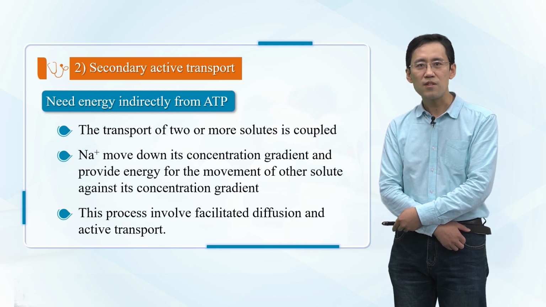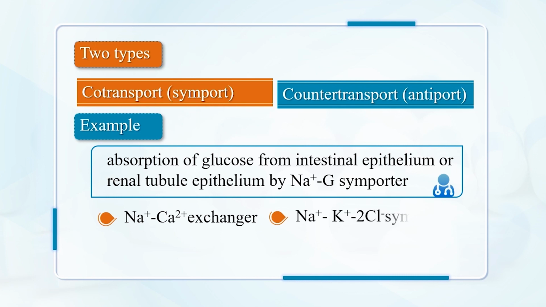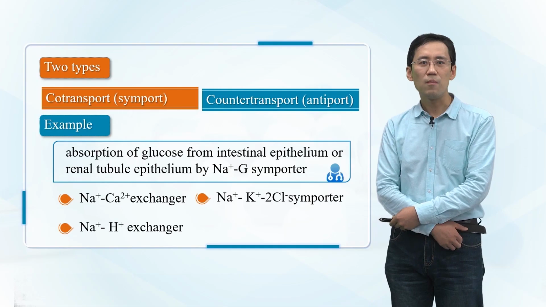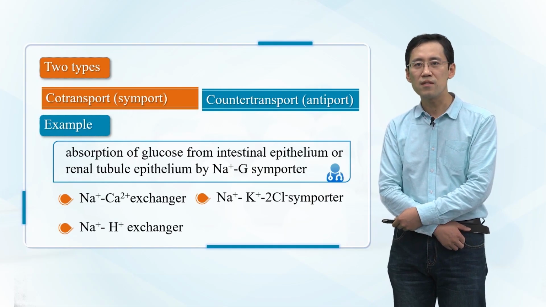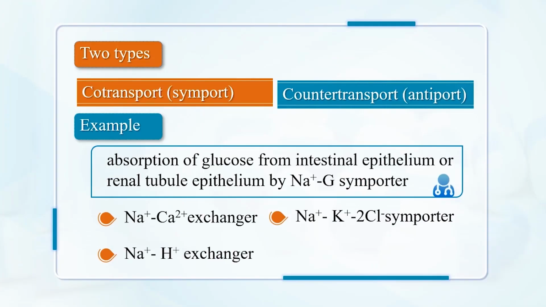So this process is called secondary active transport. It gets energy indirectly from ATP. There are also two types for secondary transport, co-transport and counter-transport. For example, the absorption of glucose from intestinal epithelium or renal tubule epithelium by the symporter is a very important example of secondary transport.